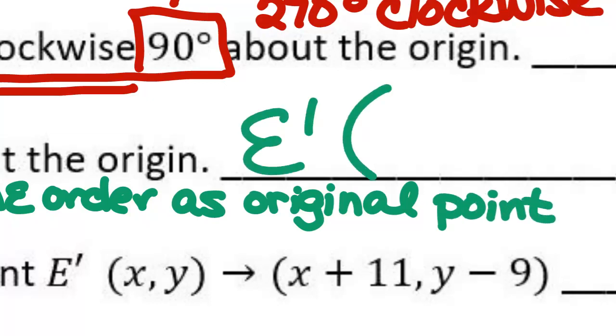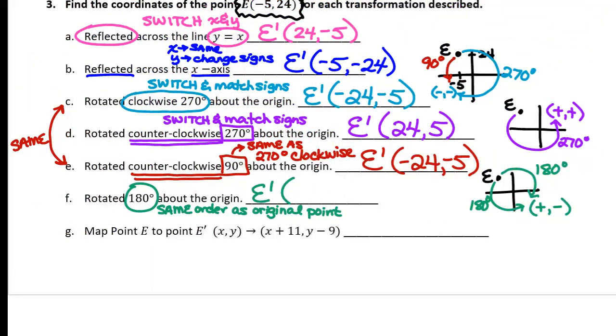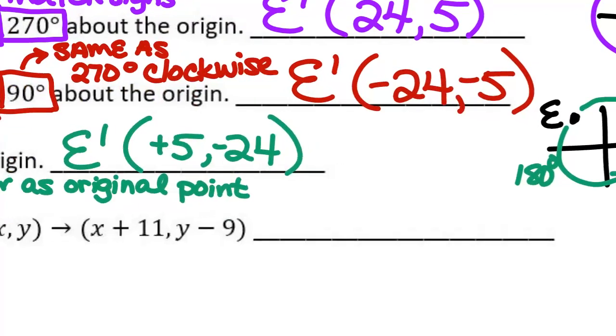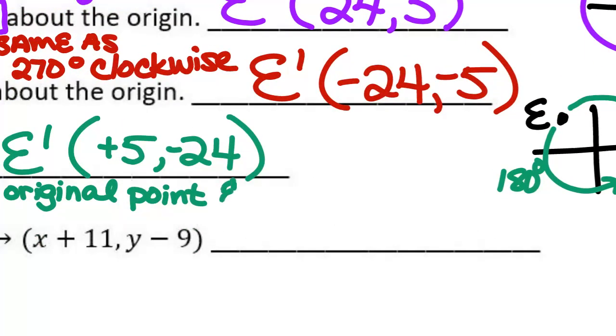So my point E prime, if it has the same order as my original point, well, that had a -5 here and a positive 24 here. But now I have to make it match +5 and -24. We always have to match our signs.